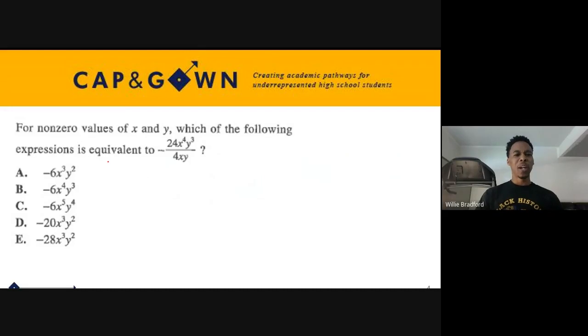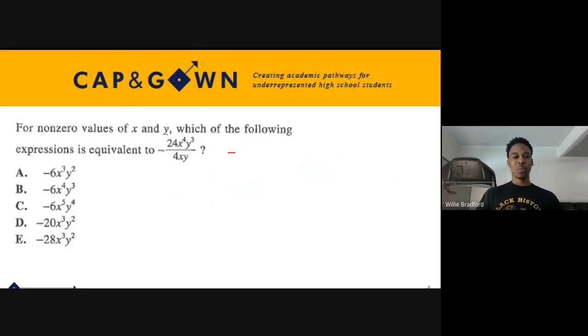Here's a little bit more complex question. Same concept, same process. Let's take a look. This says, for non-zero values of x and y, which of the following expressions is equivalent to this expression? So we're going to use our division rules here.